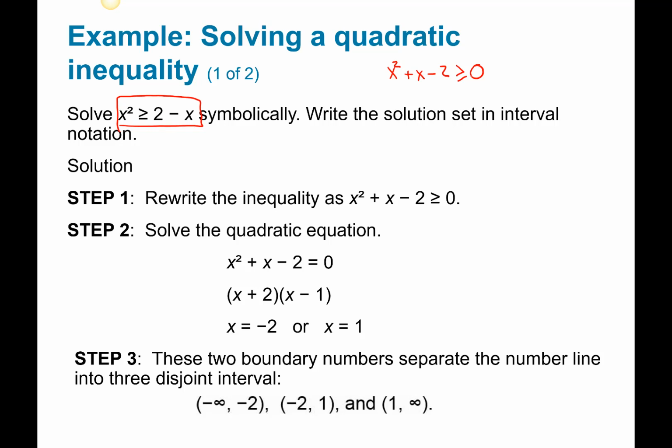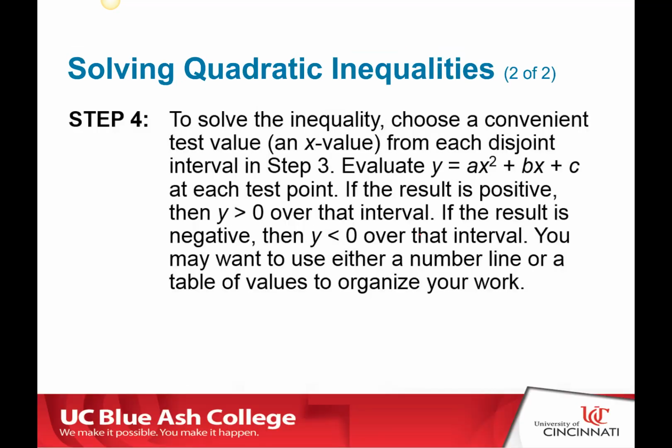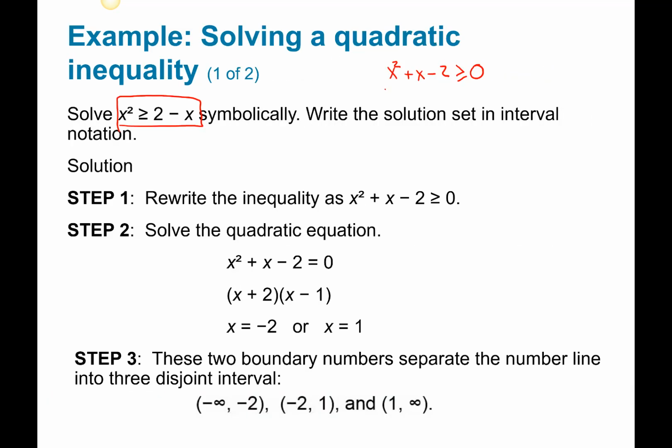Does that make sense? Now that you have it all on the left side, see if you can factor this. Well, this one will factor into (x plus 2)(x minus 1) greater than or equal to 0. Okay. What's that give you then for your x values?